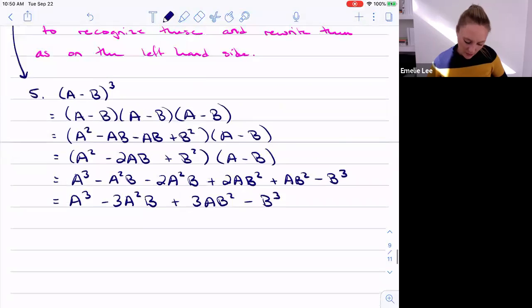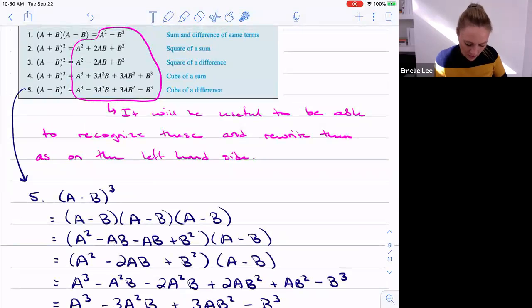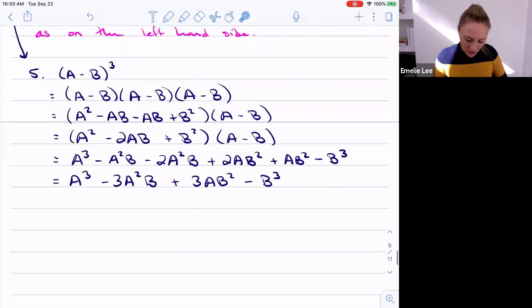And that's exactly what we had up here. Nice. So like I said, going from the left-hand side to the right-hand side is not that bad. You need to keep your wits about you, but it's probably easier than memorizing that this is supposed to look like this.